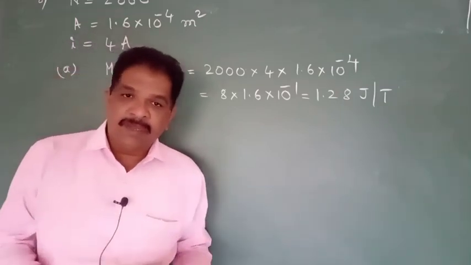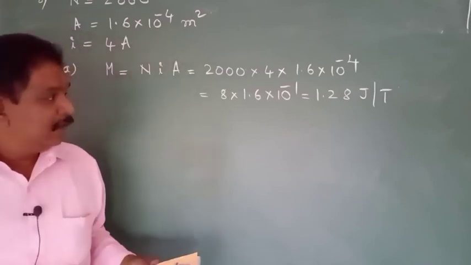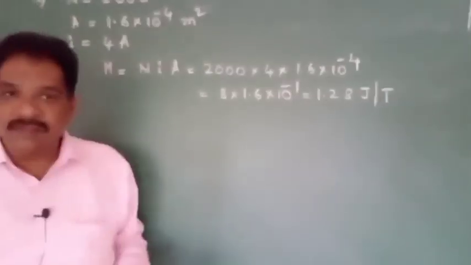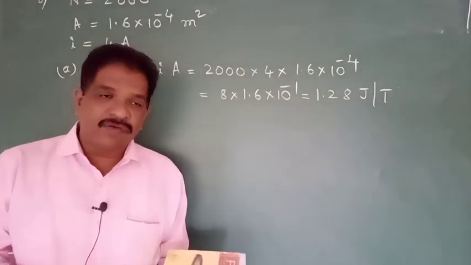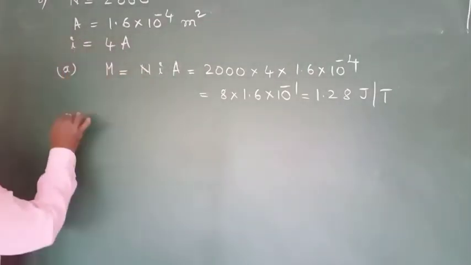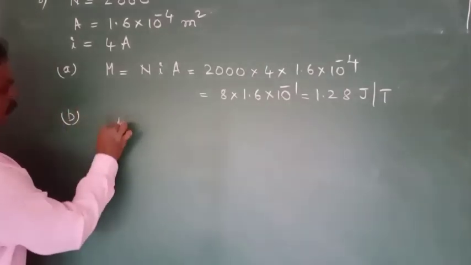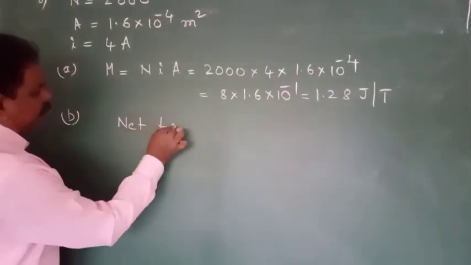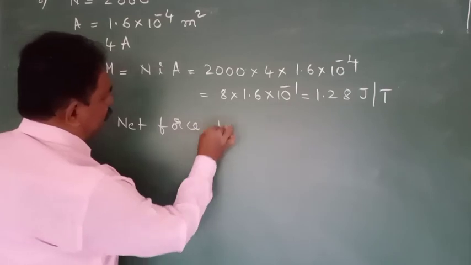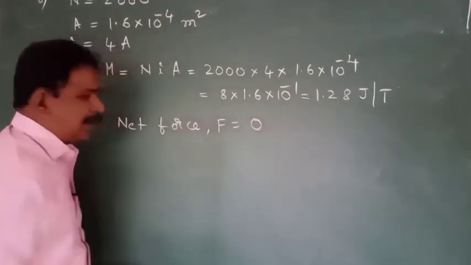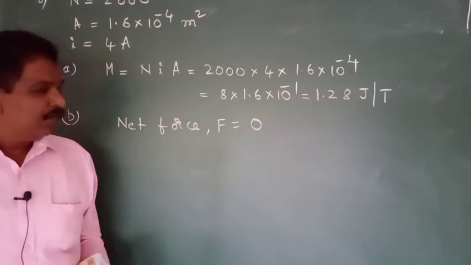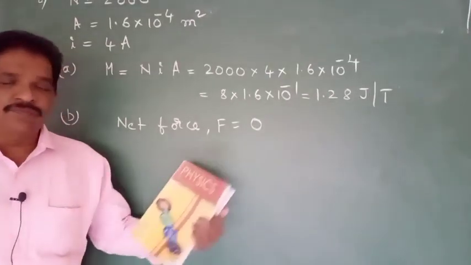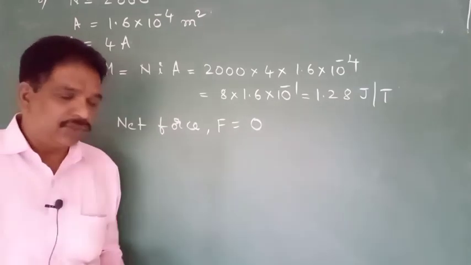We created a magnetic field, then what is the force acting on the solenoid? What is the torque acting on the solenoid? Here they mentioned the field will be a uniform magnetic field. In the uniform magnetic field there will be no force, net force will be equal to 0. So net force will be 0.